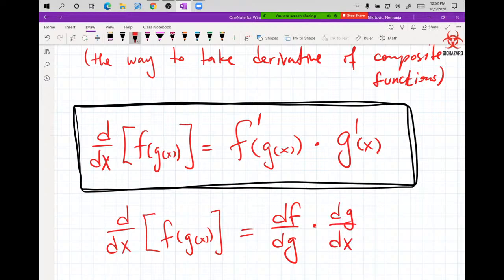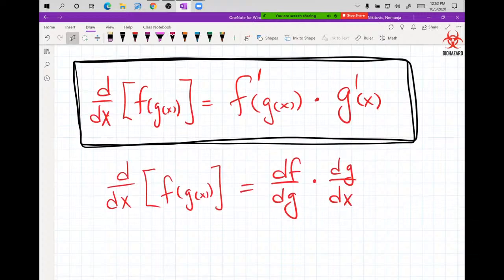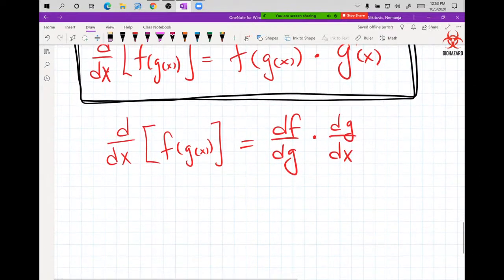Now, it is perfectly fine for you to go, what the hell is this? We did not take the derivative with respect to the entire function. Well, that's correct, and you will never take the derivative with respect to a function.